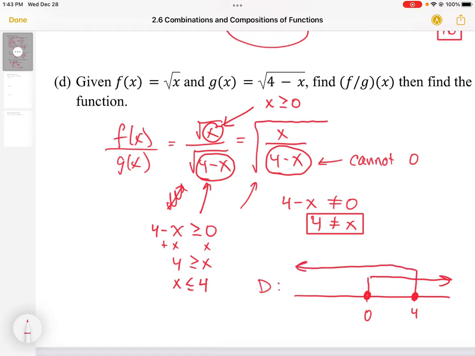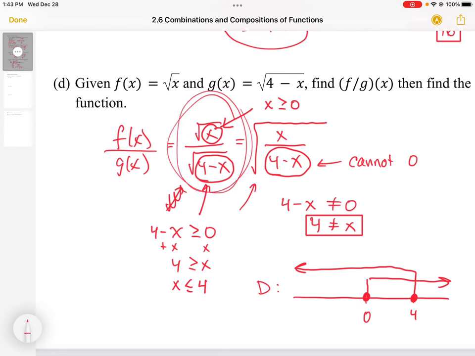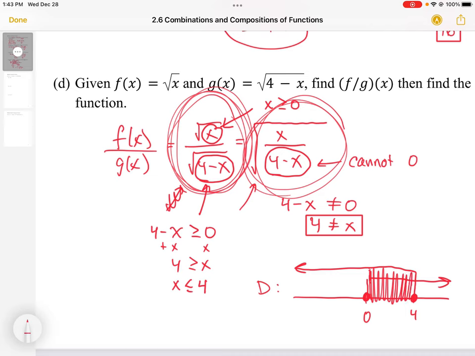Now, our domain for our combination function has to be x values that are common to both domains. So if we look on a number line, we could see what's in common, everything from 0 to 4. So all of these values right here are common to both.